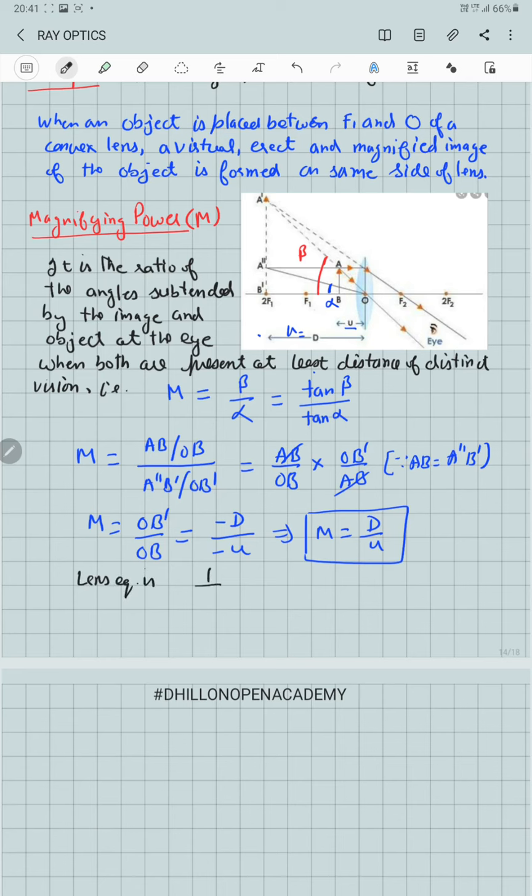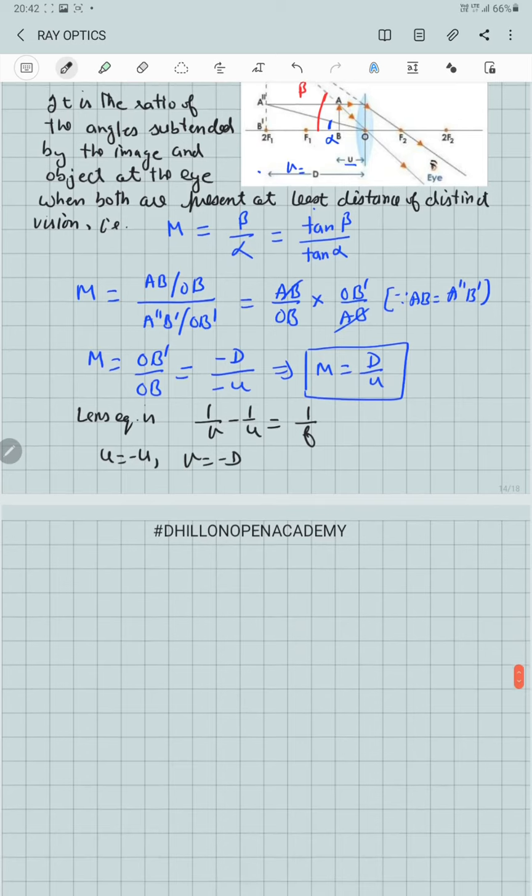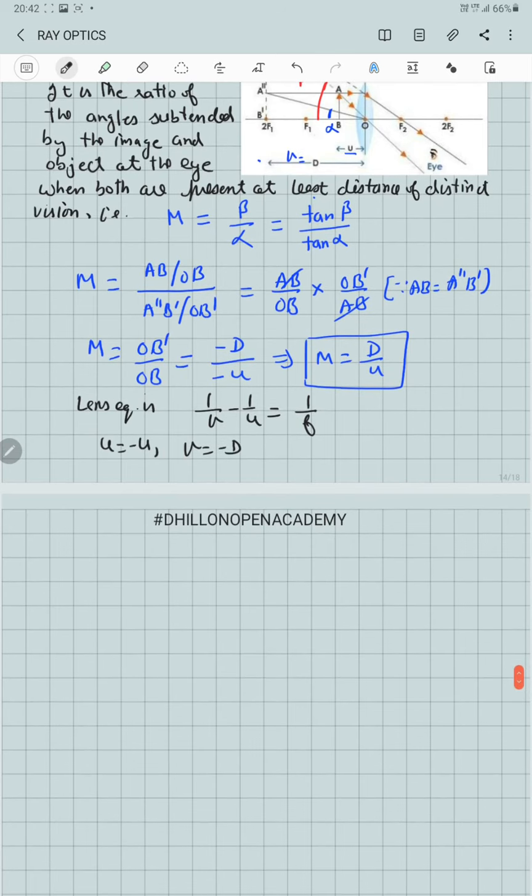The lens equation is 1 by v minus 1 by u equal to 1 by f. Now here the object distance is minus u, v is equal to minus D. If we use these in the lens equation, we have minus 1 by D plus 1 by u equal to 1 by f.